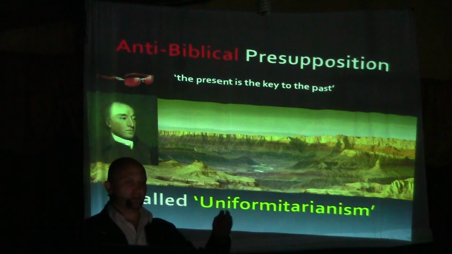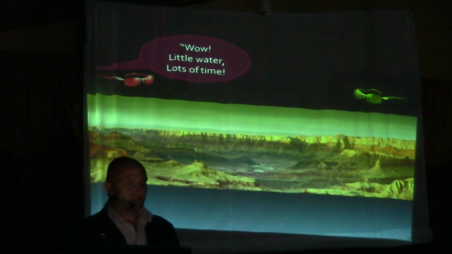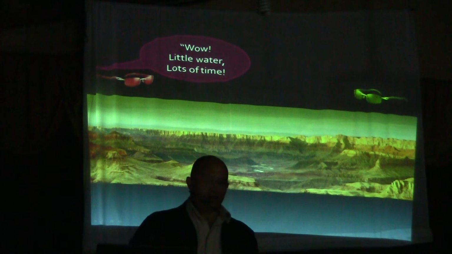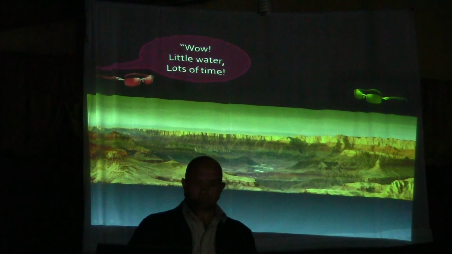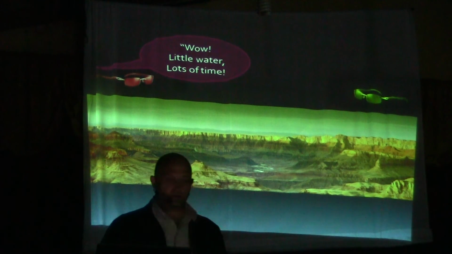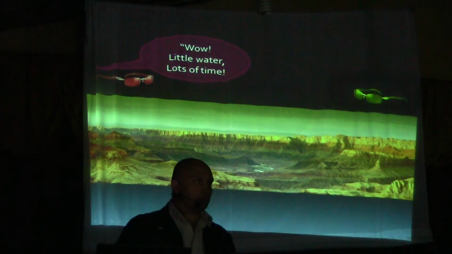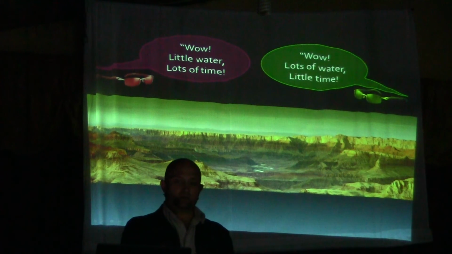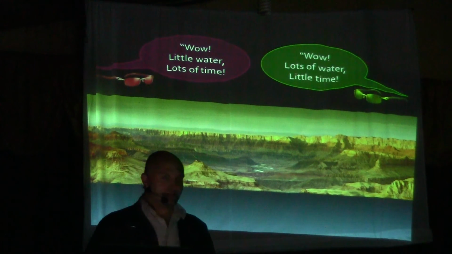The rates must be uniform. Another word is gradualism. So the one guy looks at the Grand Canyon. He says, wow, look what a little water did over lots of time. The other guy looks at it and he comes to a different conclusion. He says, wow, look what lots of water did over little time. So who's right? You remember my court case?